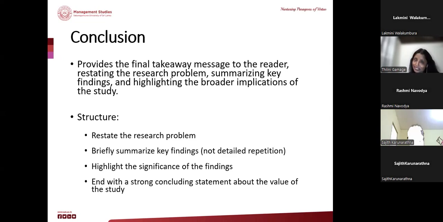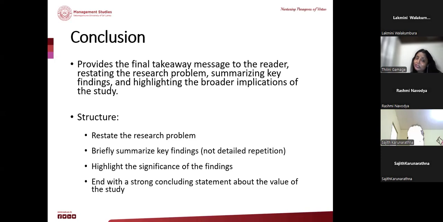I'm surprised to see sometimes in conclusions, people talk about the adjusted R square value. We don't need something like that. You have already calculated and presented these values and discussed your findings in detail as well. So here, all you need to do is briefly summarize your key findings.